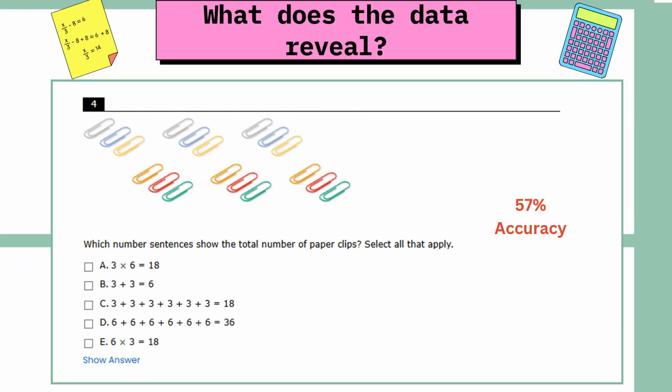So when talking with teachers about next steps in terms of how we will help students who didn't get this question correct, one of the teachers was able to say, really they have the understanding of what it is in terms of groups of. They've also reviewed repeated addition with them, so they're not thinking that was the actual issue.